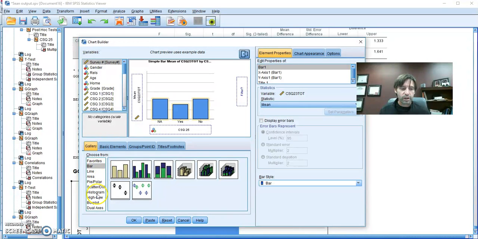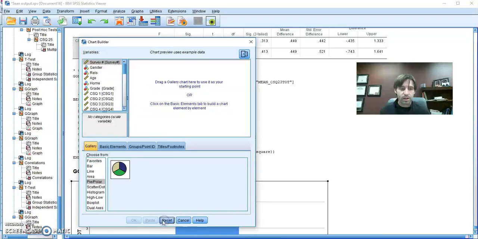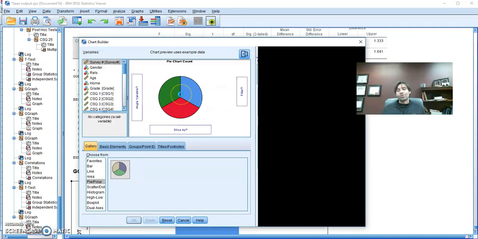But if you look up a pie chart, and first of all, let's reset this, and you drag your pie chart into the box here, it should eventually populate a pie chart. So you can see it looks like it's thinking because there's not much going on when I move the cursor around. So hopefully, eventually, it'll populate this pie. There it goes. There's the pie chart.